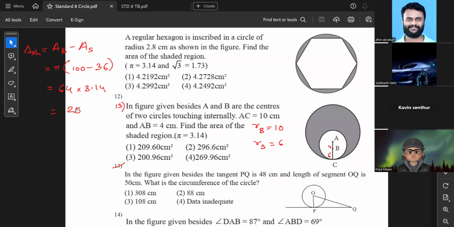No, no, it's 192. 64 multiplied by 3 gives 192. Then we can go for 200.96, I think. Yeah, 200.96. Got it? Yes, sir, it was a multiplication mistake.